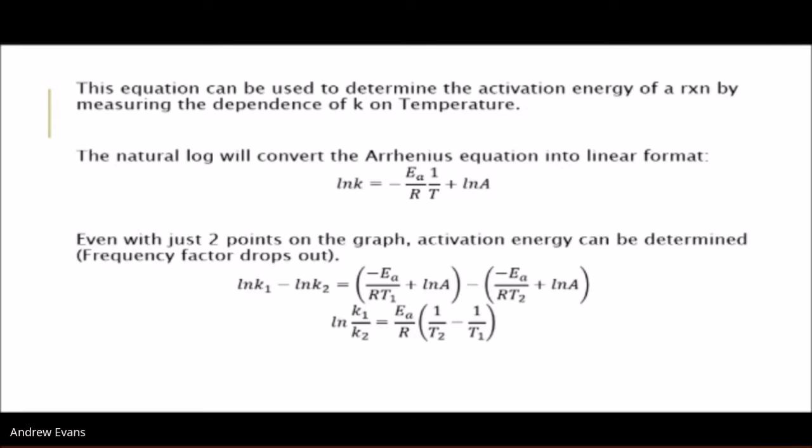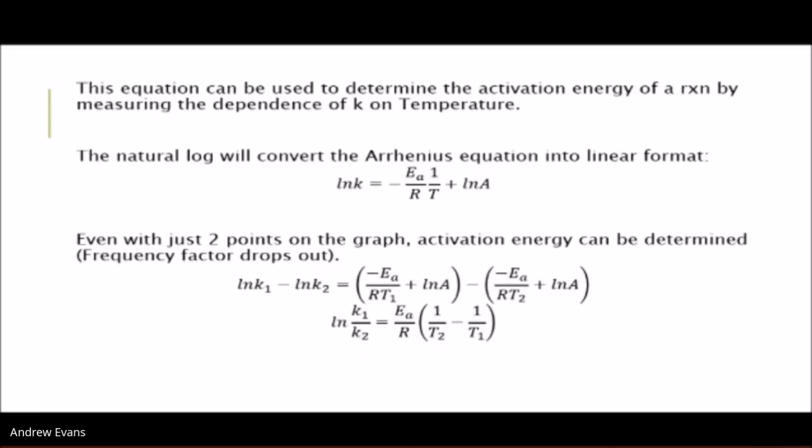ln K1 over K2 equals EA over R, a constant, times 1 over T2 minus 1 over T1.